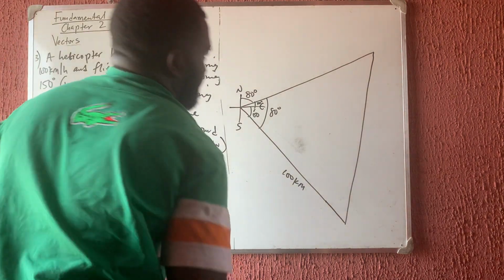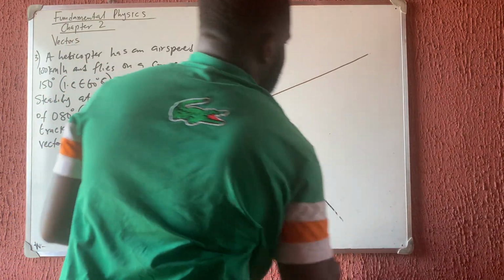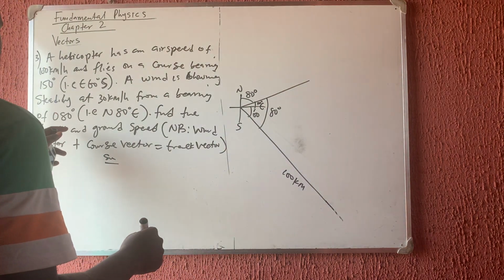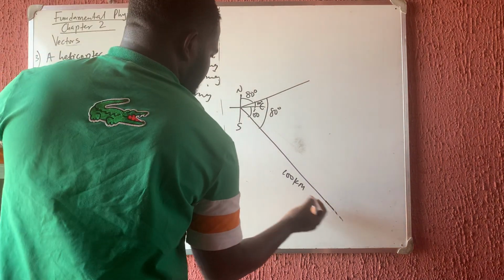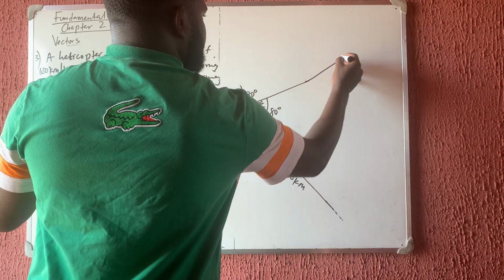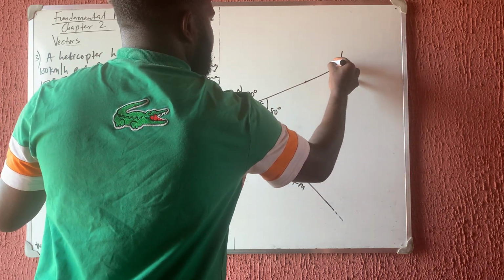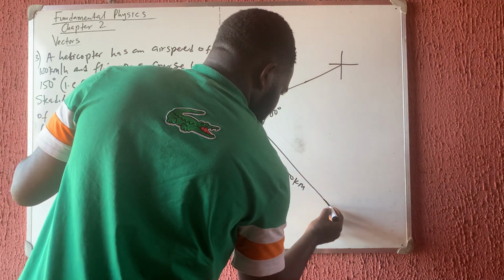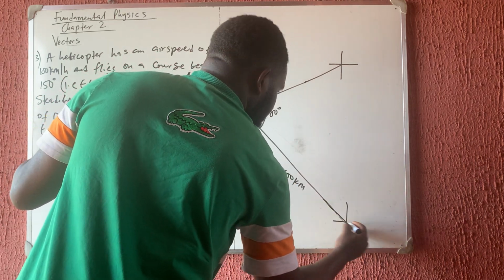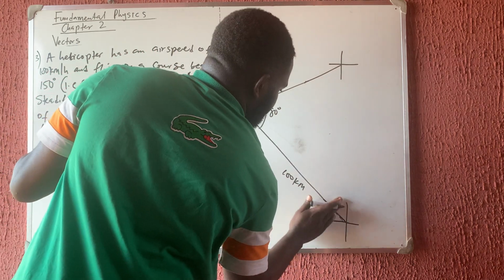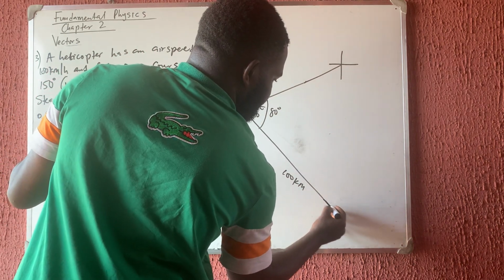But before joining them, let me show you how to get the bearing that side. The distance here is 80, while the other one is 100, so 80 should be smaller than 100. I cut like this, then come to this point, cut like this, so that they can join. In fact, let me make this one a little bit longer.